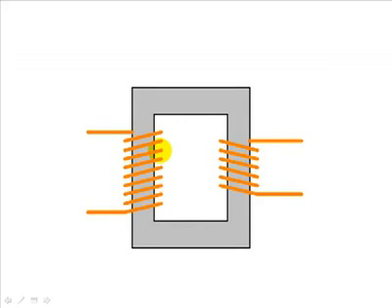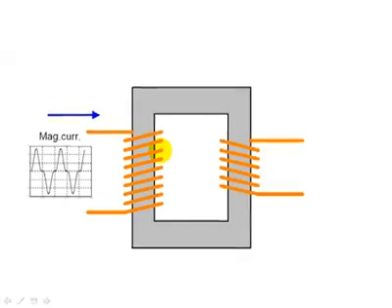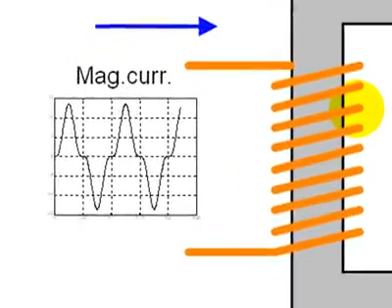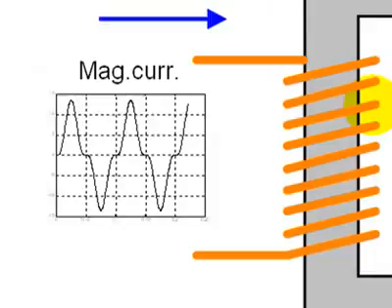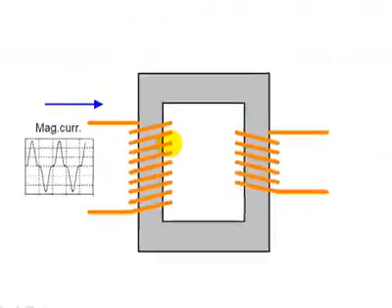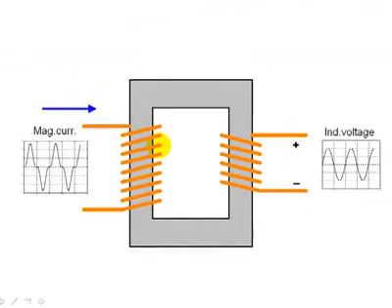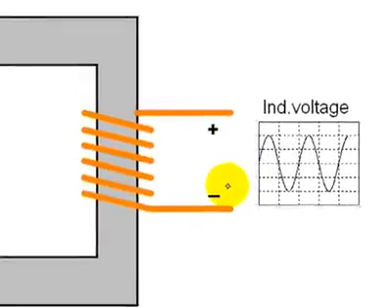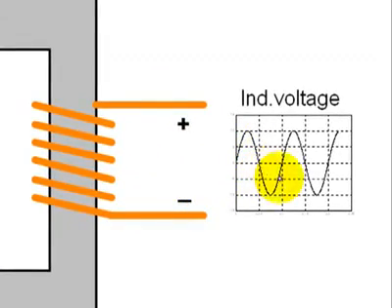Observe the situation. In this simplified diagram of a transformer, we're applying a magnetization current, and that has to be like this one. It has a 60 Hz component and a 180 Hz component as well. And if we do so, the flux is sinusoidal, and the induced voltage in every coil, including the secondary, will be sinusoidal, and the customer will be happy.